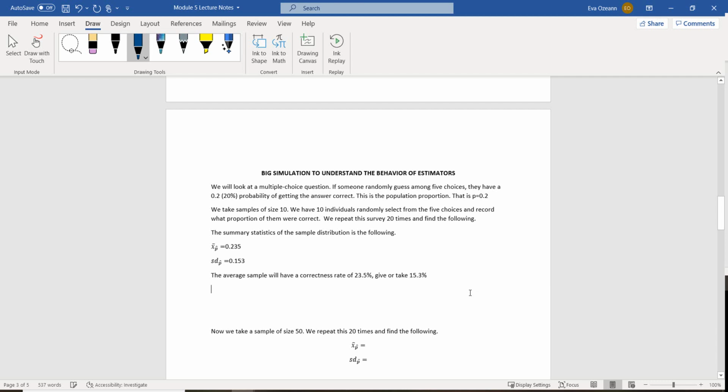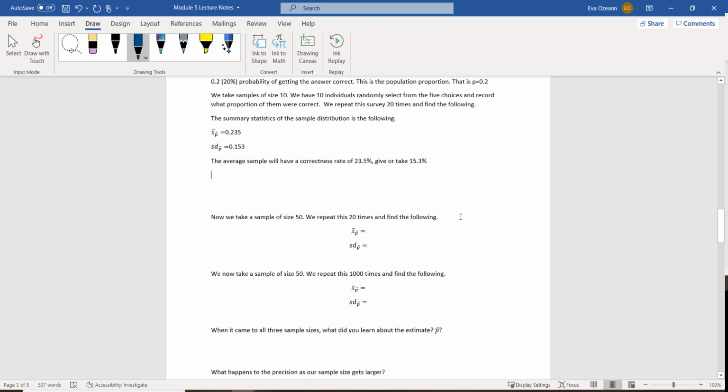So as far as standard deviation goes, that's not really a great estimator, is it? I mean, it's 23%, give or take 15%? That's nuts.